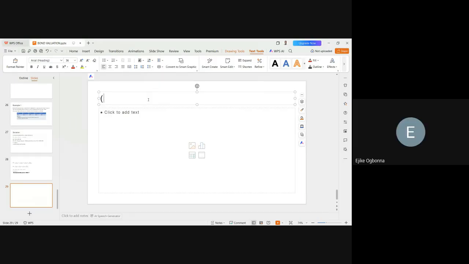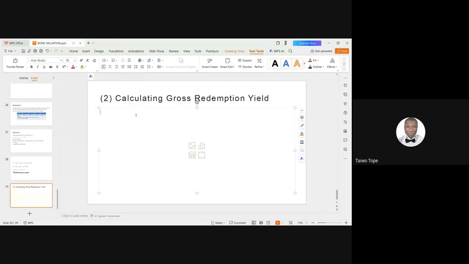So, calculating the gross redemption yield.